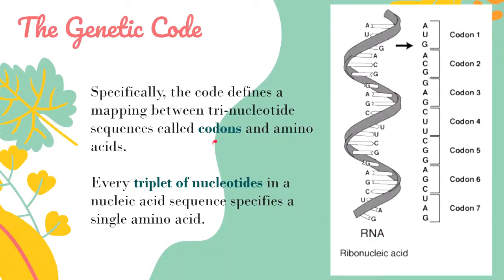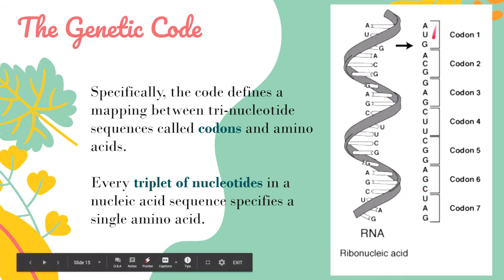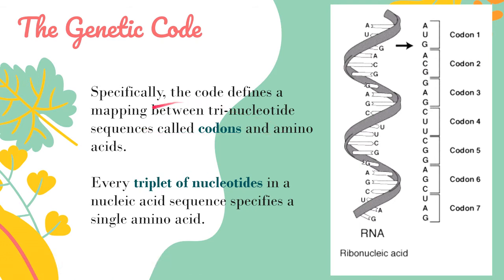So if you still remember, we've talked about this, that each of these nucleotide bases will become important in creating the amino acid. Now, in order for them to be utilized, they have to be read by threes. So the genetic code is actually based on how these three nucleotide bases are read as one codon.